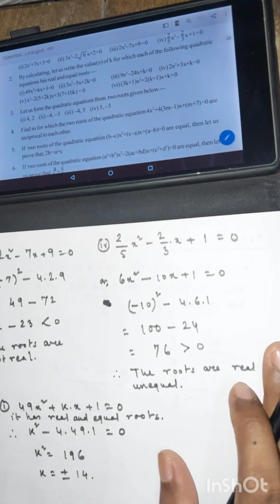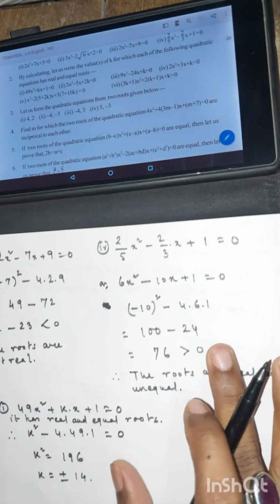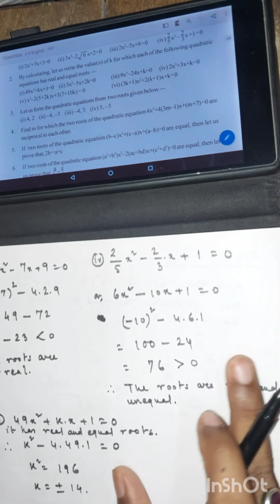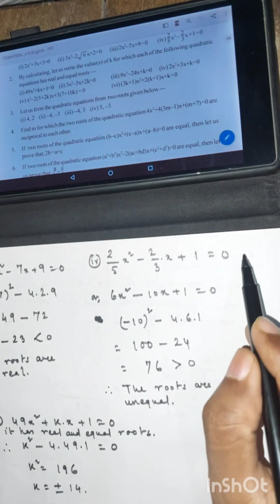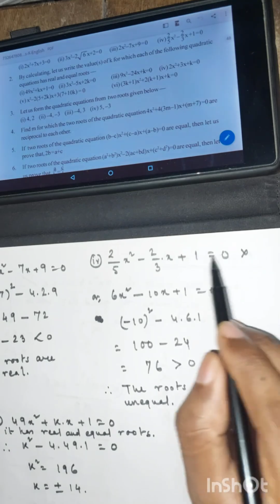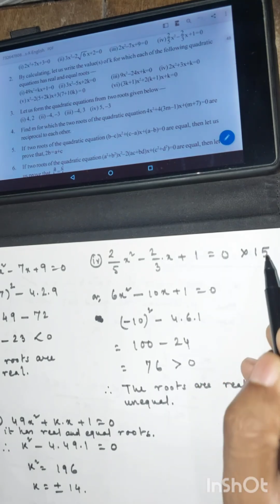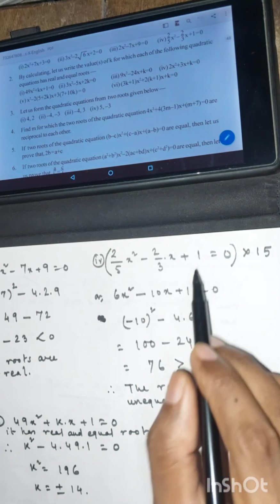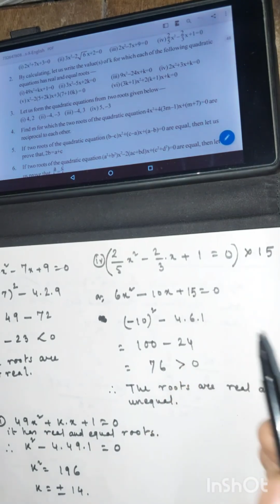Friends, I have made a mistake in question Roman 4 of 1, when I am multiplying the equation by 15. When I am multiplying the whole equation by 15, this should become 15. This is not 1.